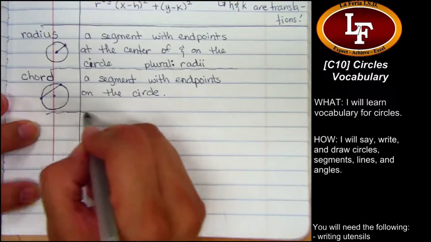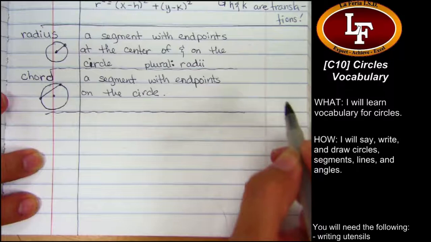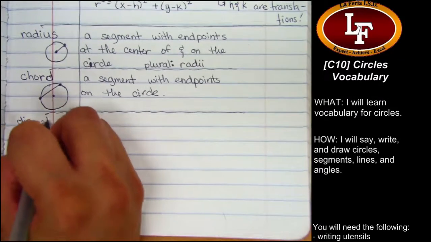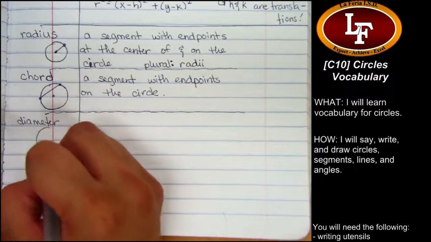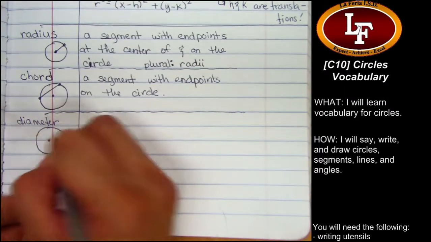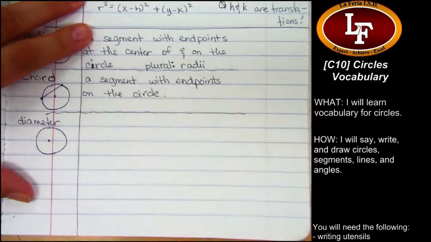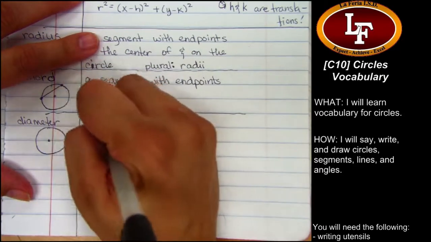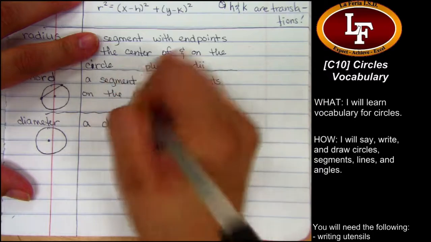All right. The next segment that we can find in circles is called the diameter. I'm going to draw a picture of that diameter here for you after I give you the definition. A lot of you may already have an intuitive sense of what a diameter is, but I want to give you the very specific definition.